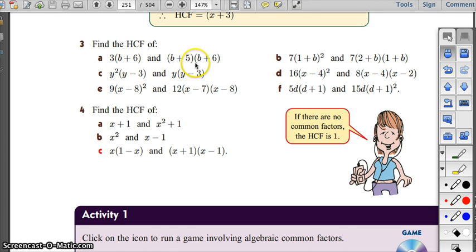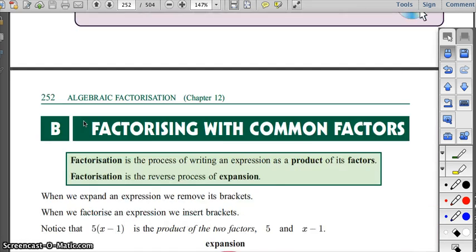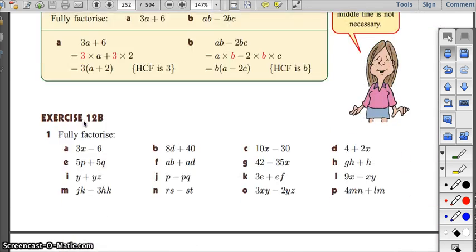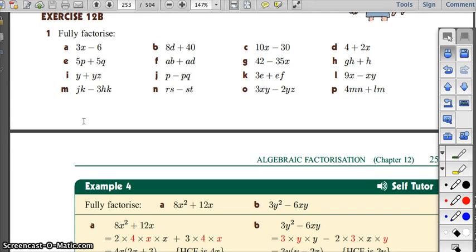B plus 6 is that side, and B plus 6 being that side. Okay? Sorry, Jess, I'm not trying to trap you. I'm just trying to work through a catch-up.